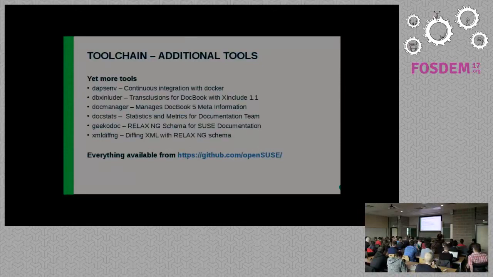So we have common formatting like indentions and no white spaces at the end of the line and all that. Even though sometimes patches look messy, and that's why you can use the XML diff ng to really compare the content of the files, not the XML syntax.